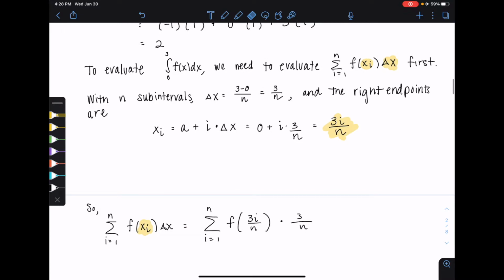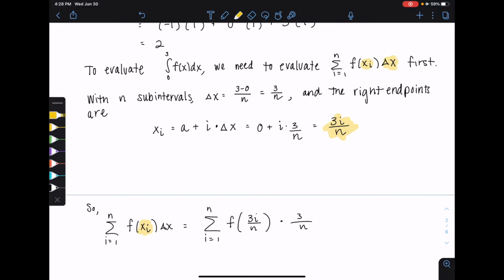Okay? So this is going to give me, for an arbitrary amount of intervals, I'm picking n of them, the area of those rectangles over the interval from 0 to 3. And they're going to be equal width rectangles, with that width being 3 over n. Okay?